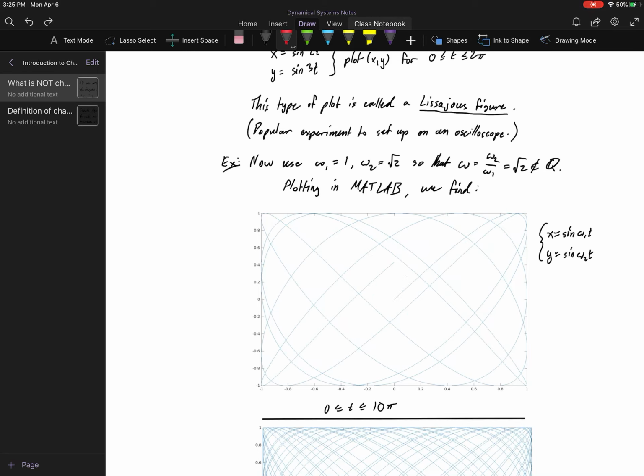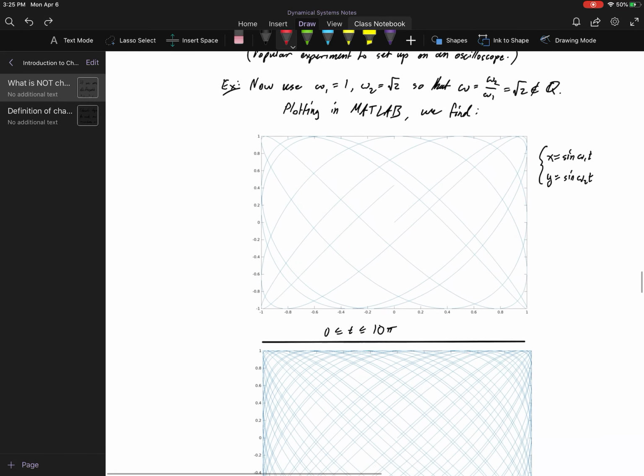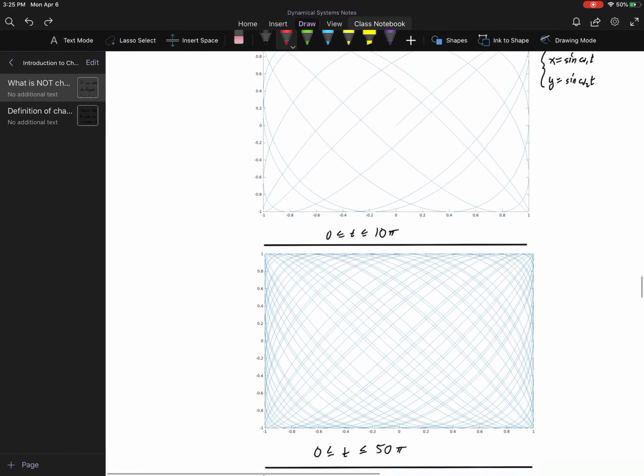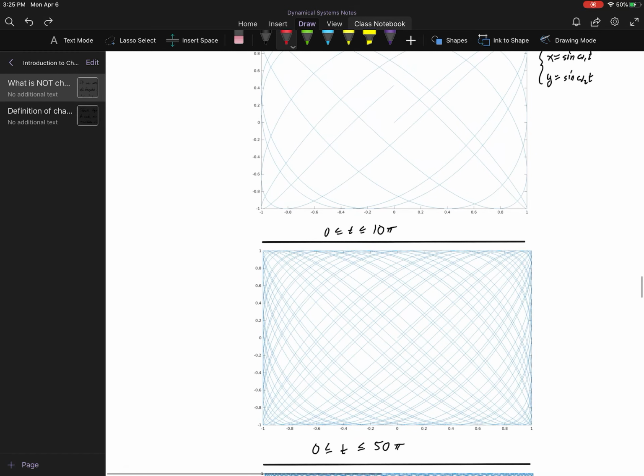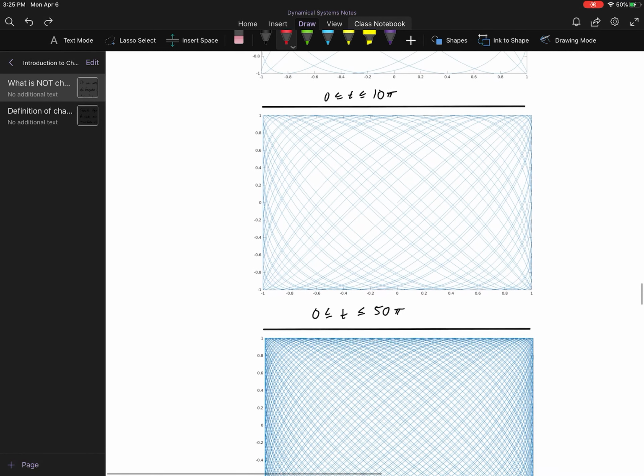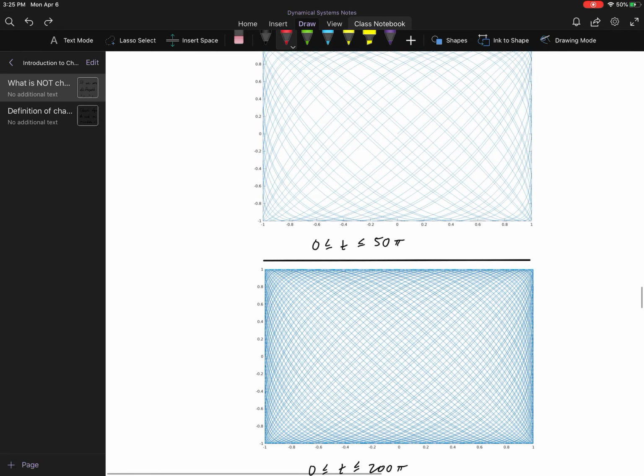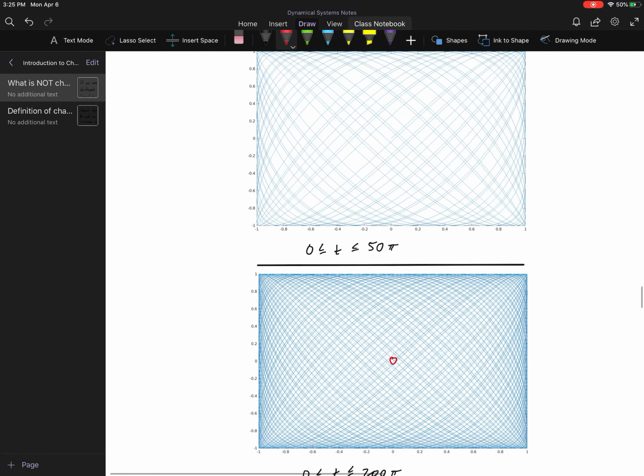After 10 pi units in time, I notice that this doesn't actually close up. So I try to convince myself that I just didn't let it run long enough. So I let it run 5 times longer, and I still didn't close up the figure. So maybe I just didn't run it long enough.